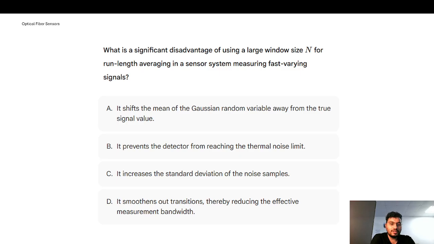Option B, it prevents the detector from reaching the thermal noise limit. Option C, it increases the standard deviation of the noise samples. And the last one, it smoothens out transitions, thereby reducing the effective measurement bandwidth.